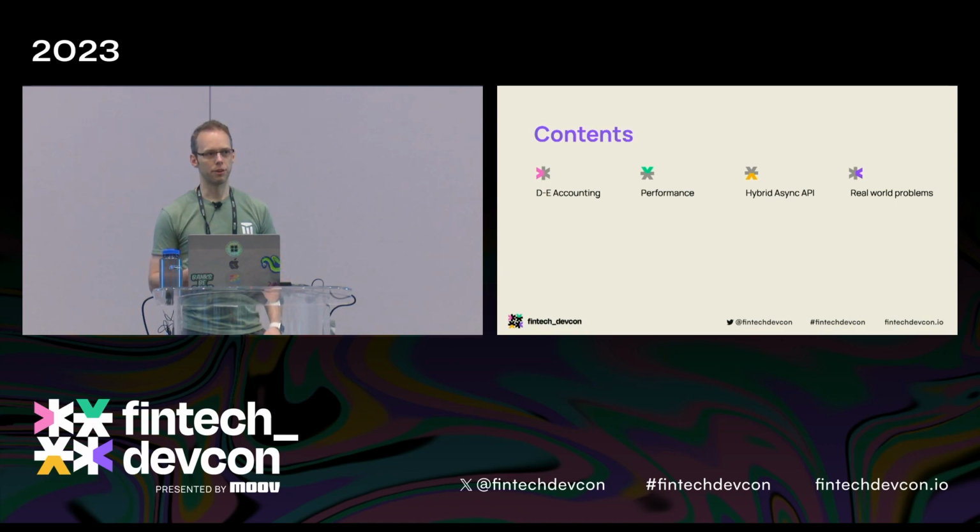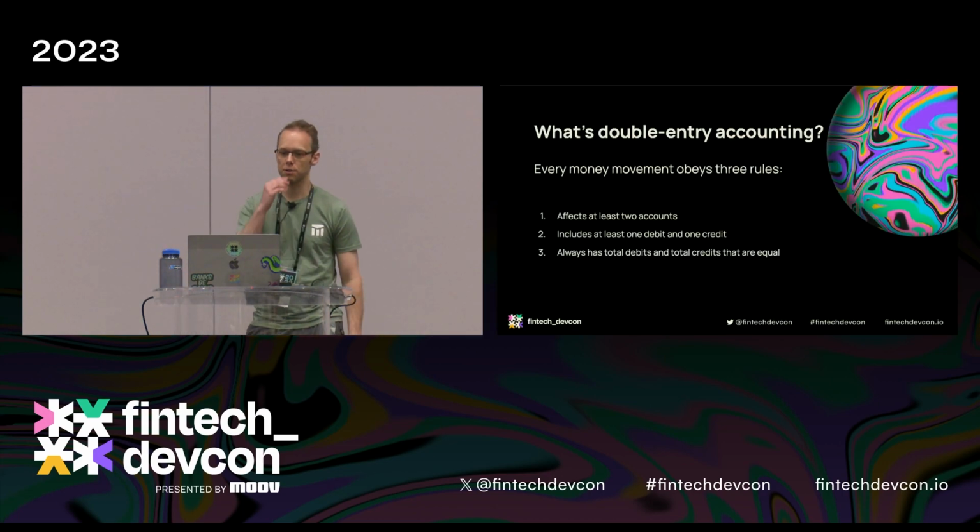And then I'm going to talk about care and feeding of a ledger system, especially with the complication that comes along with the asynchronous work. Without any further ado, we'll get into double entry accounting.